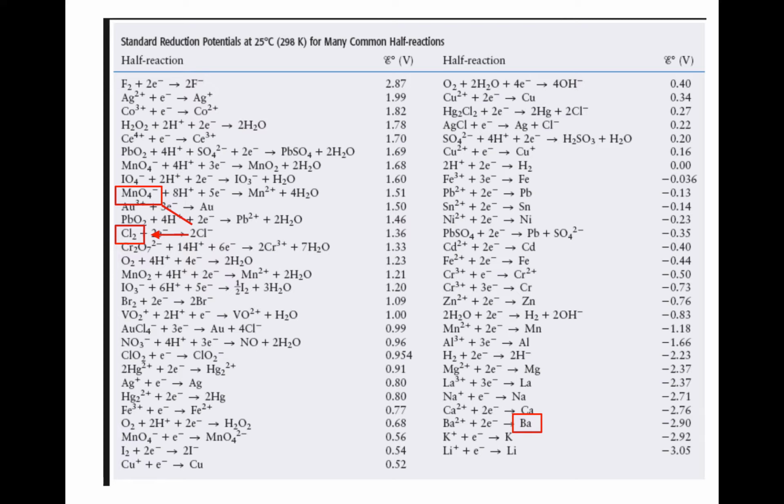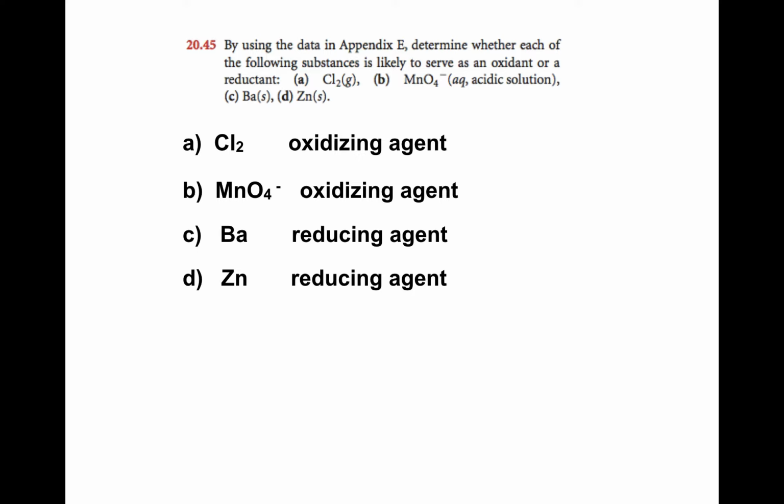So if I flip this around, turn it into barium 2 plus by removing 2 electrons, I would change the sign on the reduction potential of negative 2.9, making it positive 2.9, and make it an oxidation potential. I could add it to a reduction potential to get the voltage at standard conditions, 1 molar concentrations, for the cell. So same with zinc. Zinc metal is a better reducing agent than zinc 2 plus is an oxidizing agent.